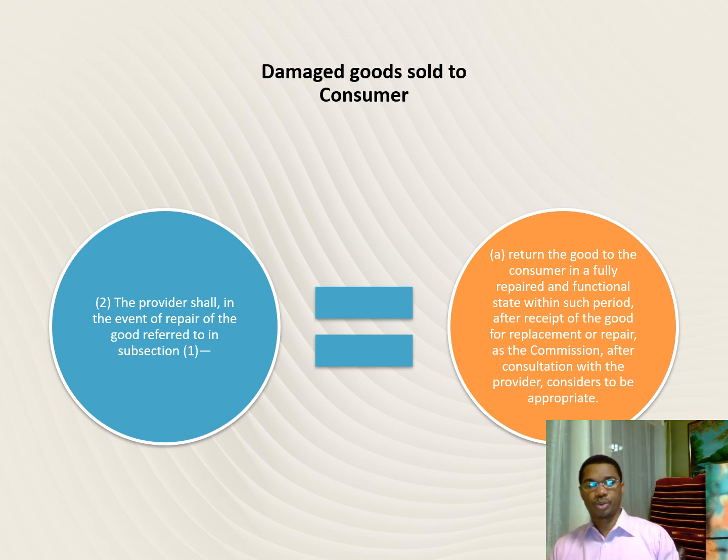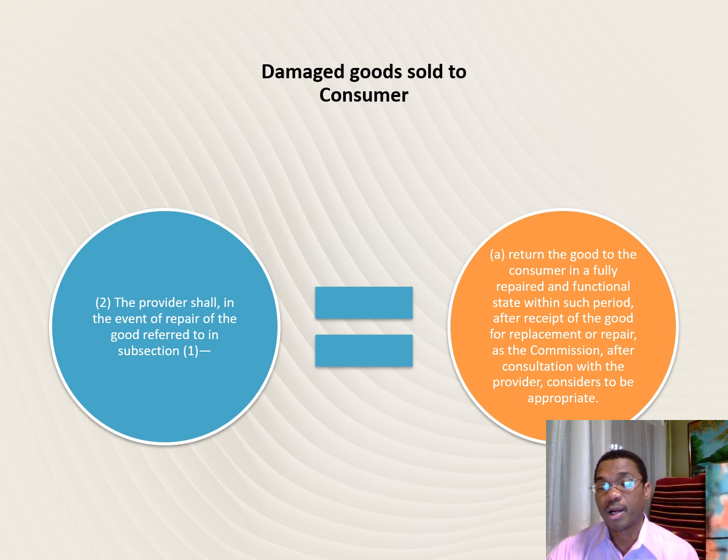Now, when it comes to the business here of repair, the provider must return the good to the consumer in a fully repaired and functional state in such period after receipt of the good for replacement or repair as the commission after consultation with the provider shall consider appropriate. So remember that when we looked at section 22, there was a time frame of 7 days within which to make good on any refund.